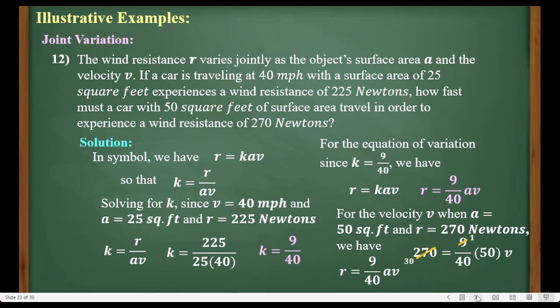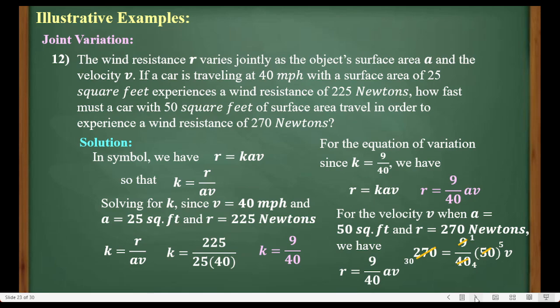Okay? Now, we can still cancel further because there are some common factors present in this equation. Say 50 and 40. Their common factor is obviously 10. So 40 becomes 4 and 50 becomes 5.